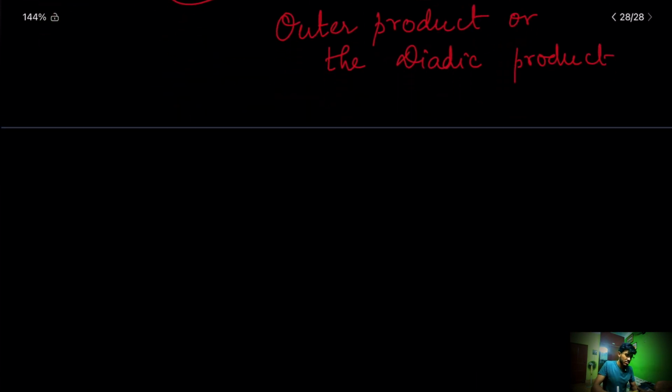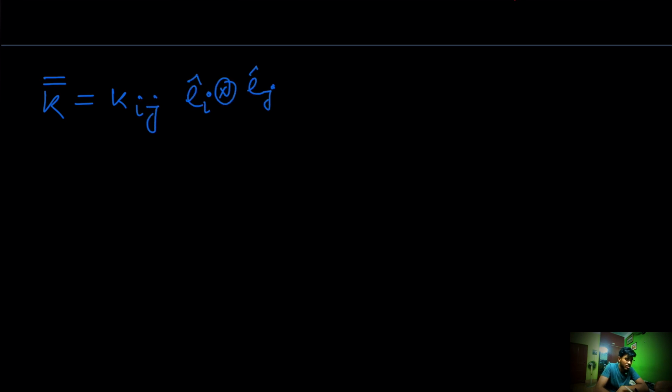So after all this talking, now we are comfortable with the fact that K can be written as Kij Ei dyadic Ej, not cross, Ei dyadic Ej. And in any other coordinate system, I have this as Kmn dash E dash m dyadic E dash n.